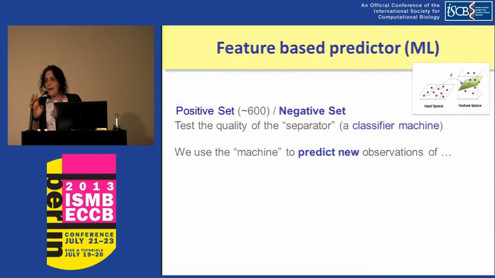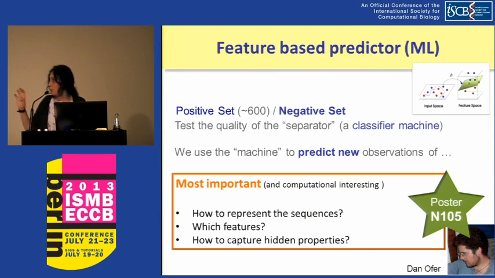The idea, like in many machine learning predictors, is very simple. You take what you know, which is a few hundred positive examples and many negative examples. There are a lot of details here, but you use it to learn on new observations that you haven't seen before. I just want to encourage you to come to one of the posters, in which the most important part, which I won't talk about, is how to really represent those features.